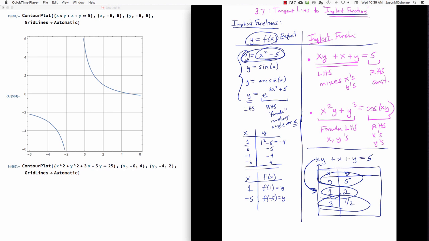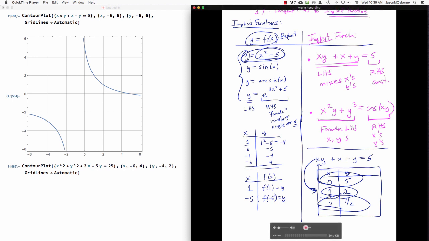We can see that reading it across to the left, you'll get a half for the y value. So putting all the xy values together will create this graph that has two pieces. That's an example of an implicitly defined function.